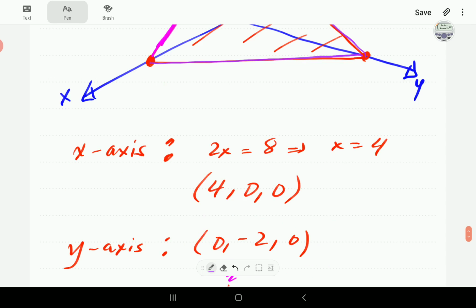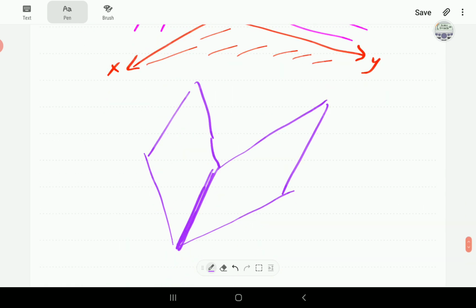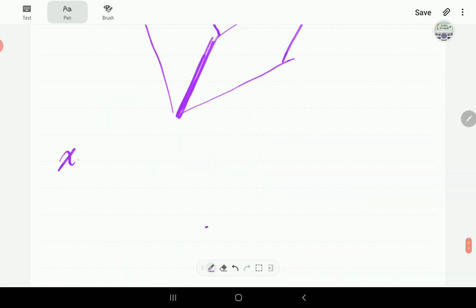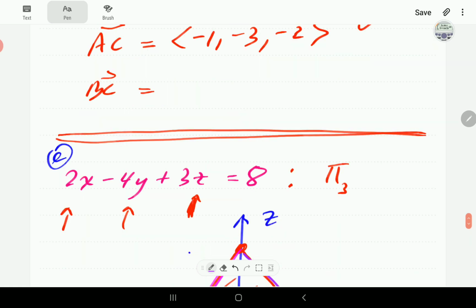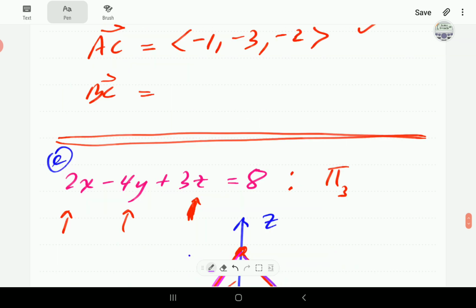So let's just do the intersection of the plane with the xy plane. So it's the intersection of the plane pi 3 with the xy plane. The xy plane is defined by z equals 0.